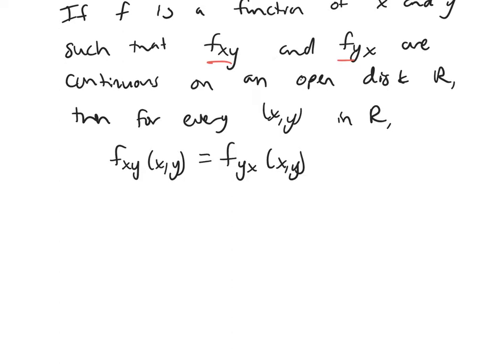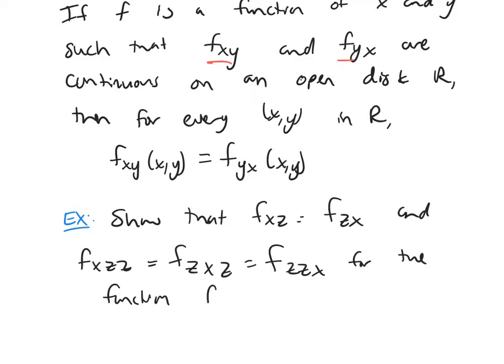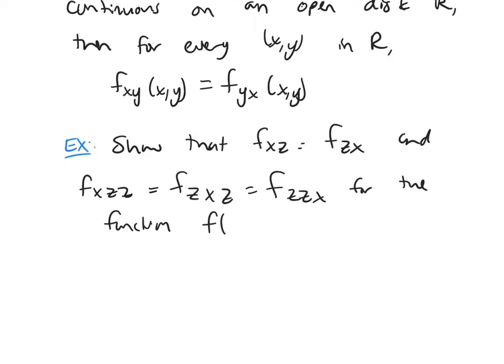So let's look at our last example. I want us to show that fxz equals fzx and fxzz equals fzxz equals fzzx for the function f of x,y,z equals y e to the x plus x ln z.